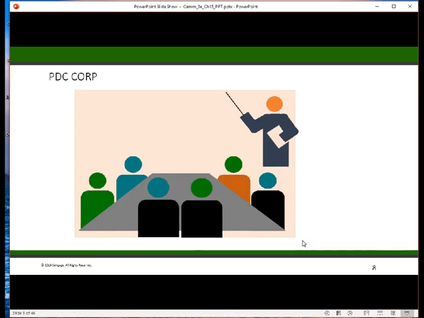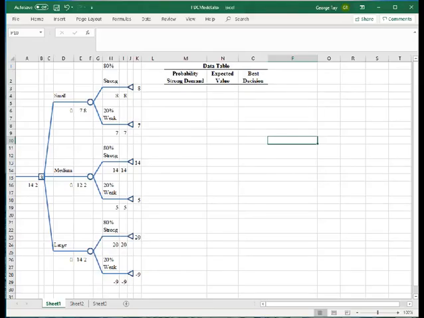Okay, let's take a look at our model again in Excel, and go over the states of nature, the probability for the states of nature, and our various decision alternatives. Let's look first at our decision alternatives.